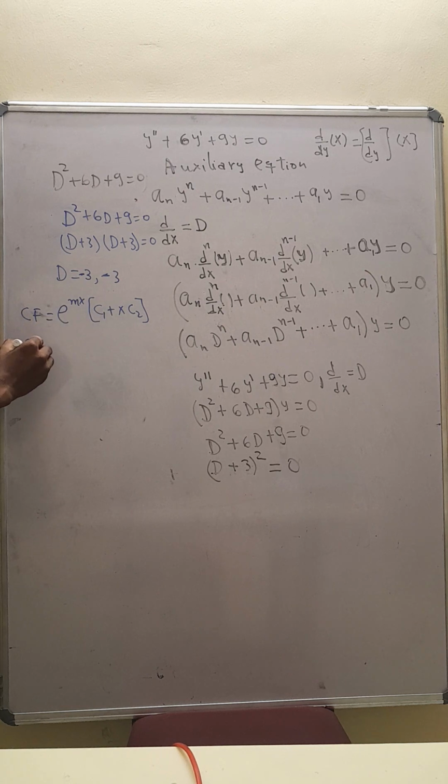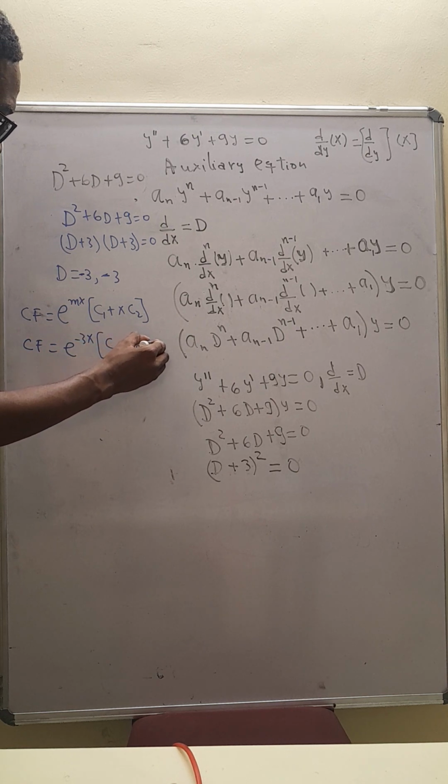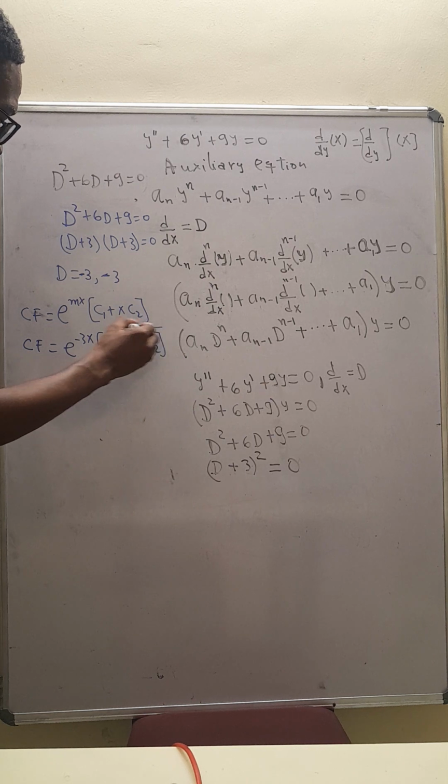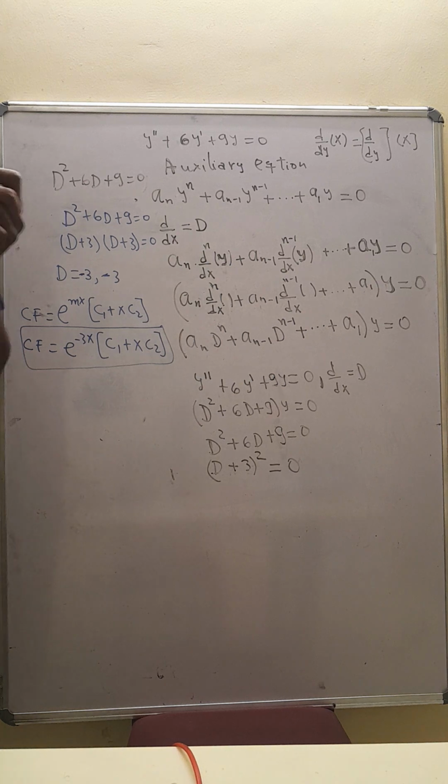This is the solution. Now for the CF, just substitute what m is. M is your common root, minus 3x, and here C1. What is C1? We don't know. Plus x C2. And that's the solution. That's the way we found the solution.